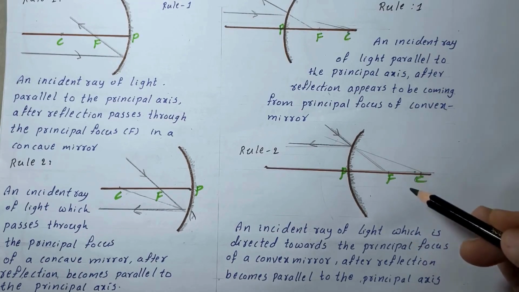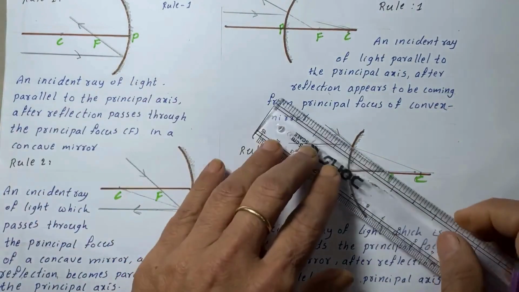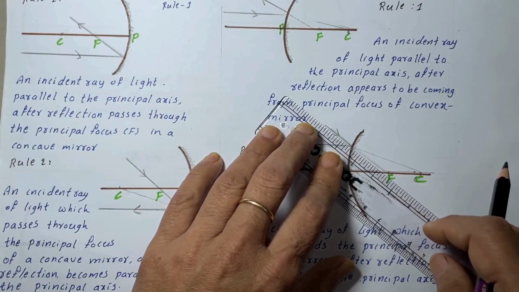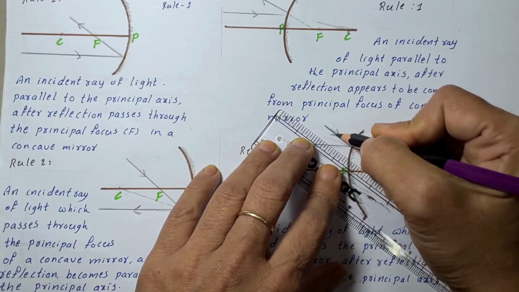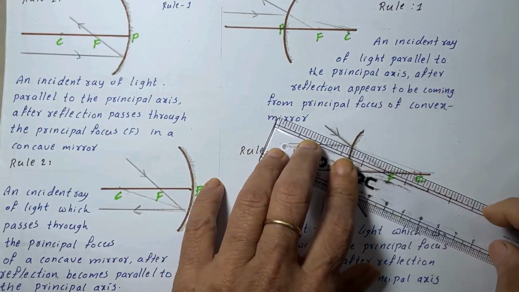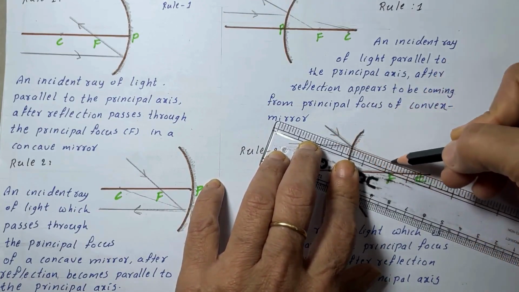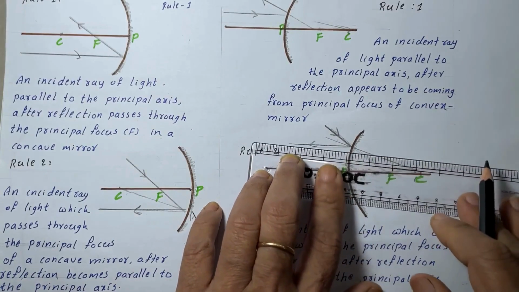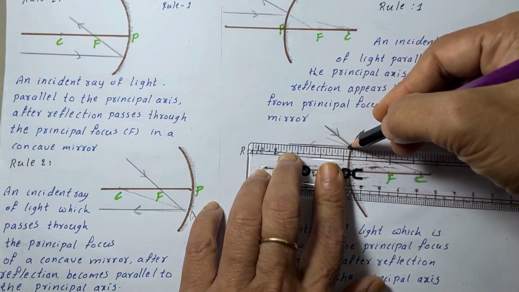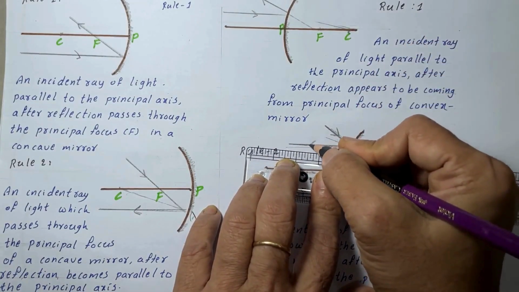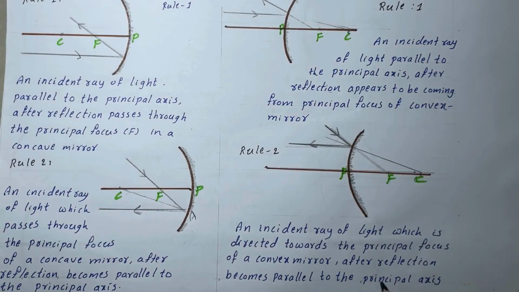An incident ray which is directed towards the focus. This is one incident ray which is directed towards the focus, and this is the normal at this point, and away from the normal, this is the reflected ray which is parallel to the principal axis.